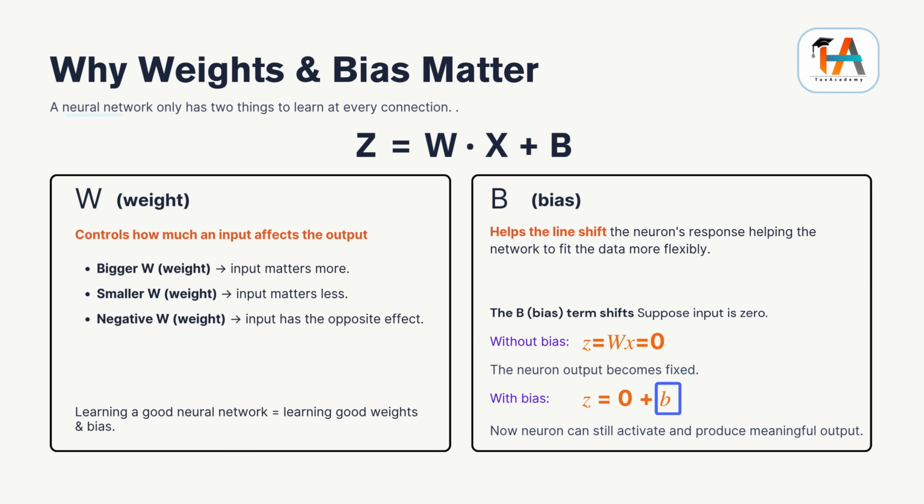If we remove the B and we have only the expression y equals Wx and x becomes 0, then y will definitely become 0. So for example, for a particular feature, let's say a value is 0, and for that the output should be 10. For these cases and many other test cases, this would fail. So we need a bias so that these cases are handled.